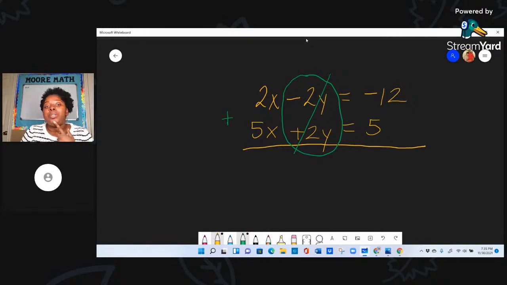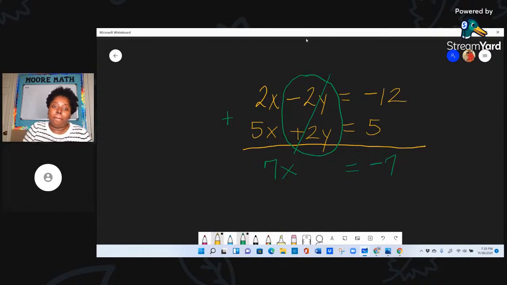Okay, so when we add 2x and 5x, what do we get? 7x. Good. Okay, now negative 12 plus 5. What do you get? Negative 7. Excellent. Okay, and now what do I do? You divide.